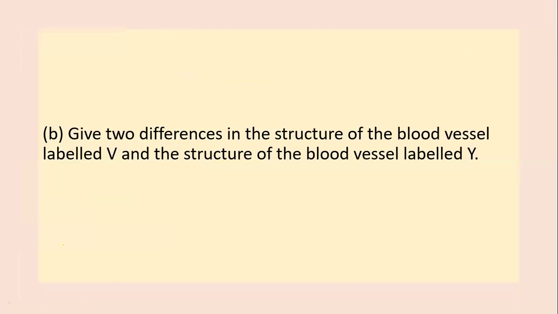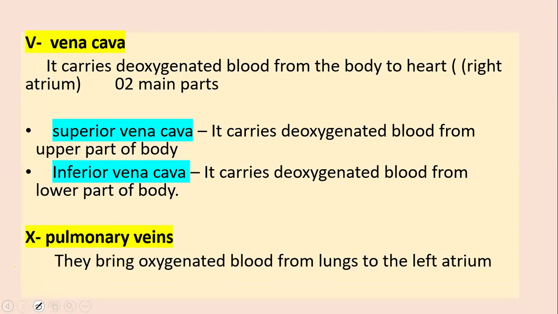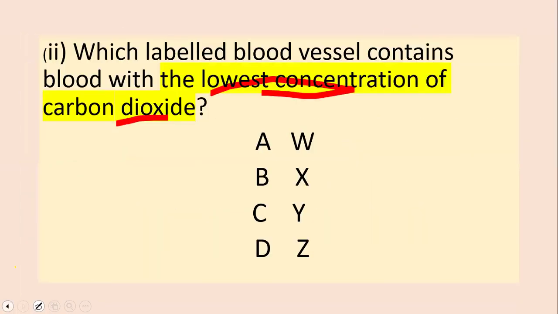The next question they're asking: give two differences in the structure of the blood vessels labeled V and Y. So we know V is the vena cava. And what is Y? Let's see what Y is.